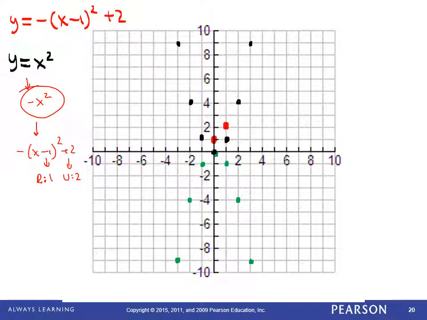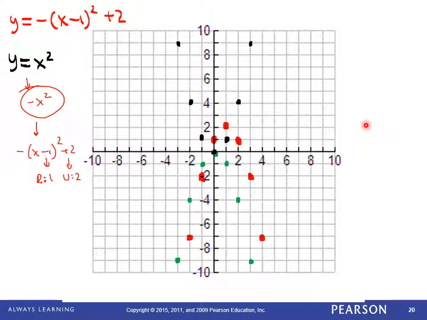Whichever other one we want to use, this one is going to be 1 to the right, 2 up. This one, 1 to the right, 2 up. And this point here, 1 to the right, 2 up.